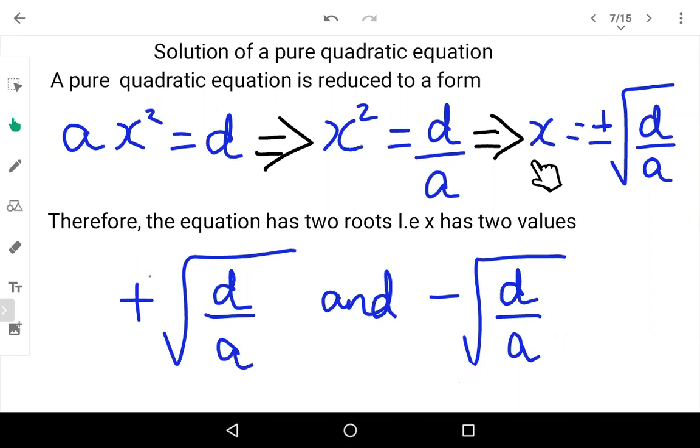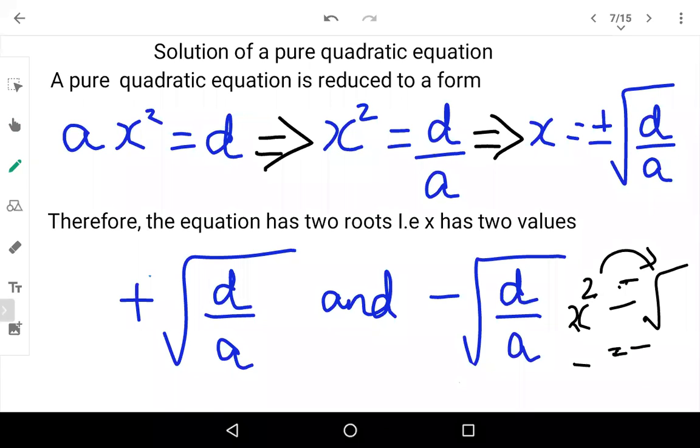Then if you have something as a square on one side, and that square is supposed to go to the other side, let's say this is x square, it will take the form of a square root. Like how minus will become plus, plus will become minus. Similarly, if you have a square going to the other side, it's going to become a square root.